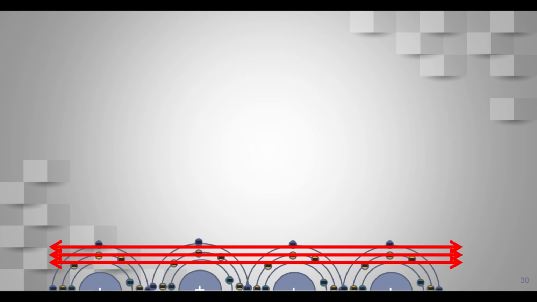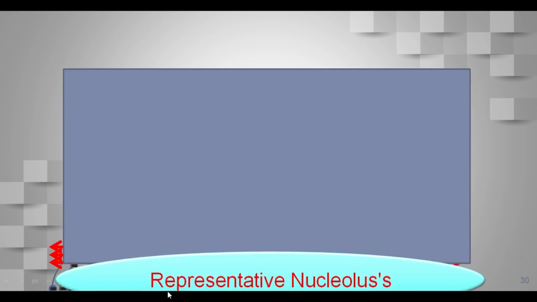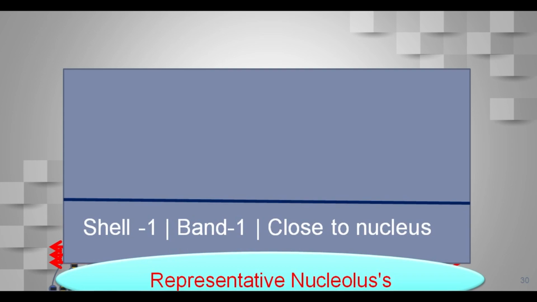So, we may have band 1, band 2 and the outermost valence band. So, if we consider the representative nucleuses of all the atoms present in the material, because we do not have only one atom in a material, then there will be a very close region to nucleus, the first band or shell 1, that is very close to nucleus.